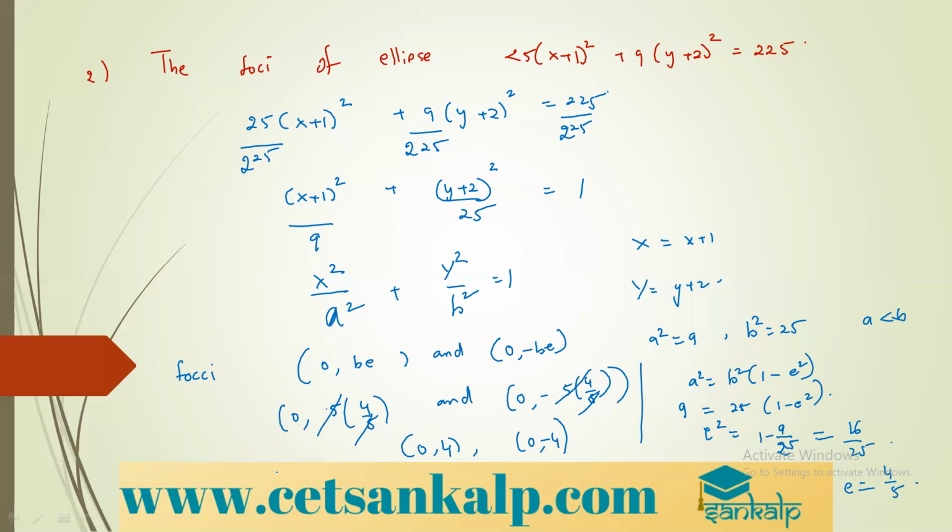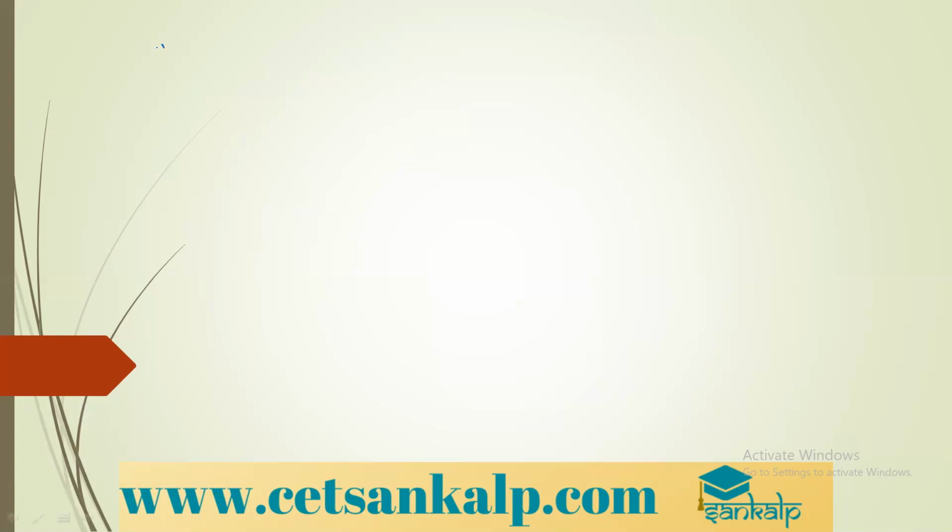But there is a problem here. I can take 0 comma 4, 0 comma negative 4, but what is happening here, you see. I will do this on the next page. I said foci is 0 comma BE and 0 comma minus BE. But this is the ellipse x square by a square plus y square by b square equal to 1, where x is x plus 1 and y is y plus 2.